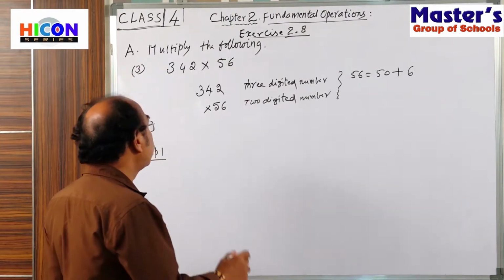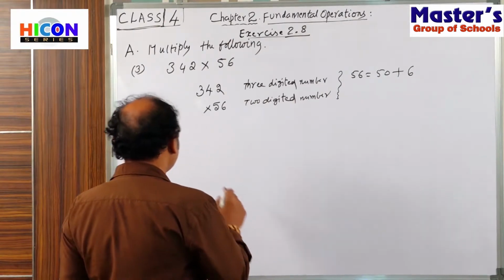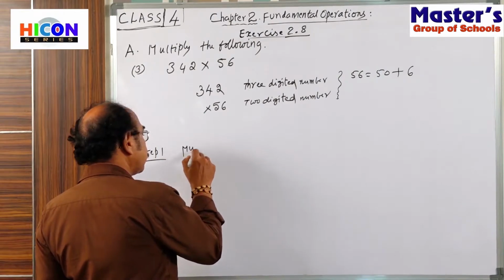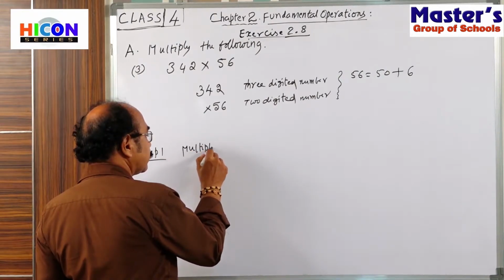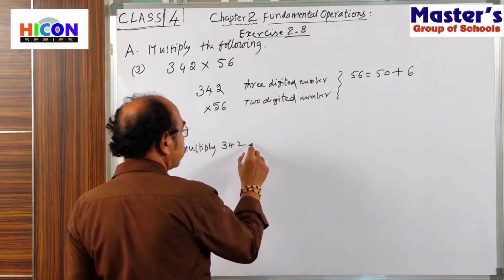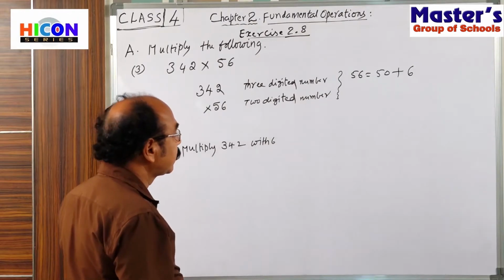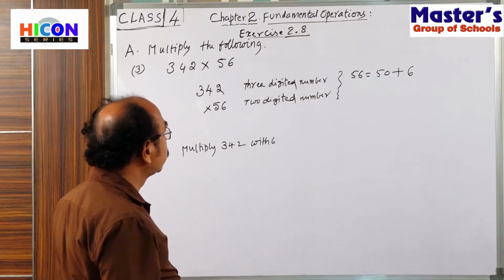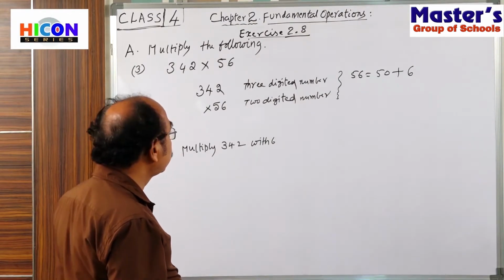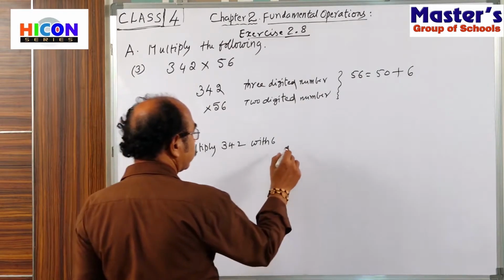In step 1, multiply 342 with 6. Show multiplication.